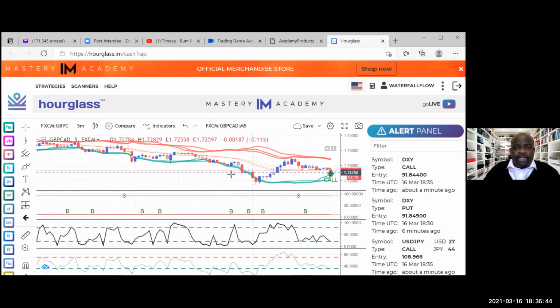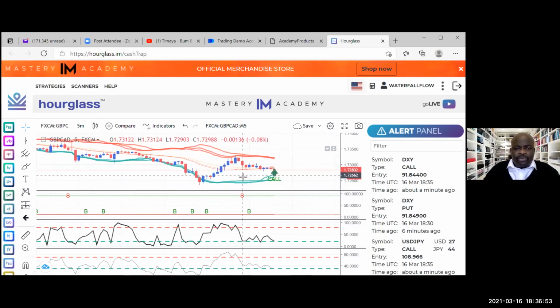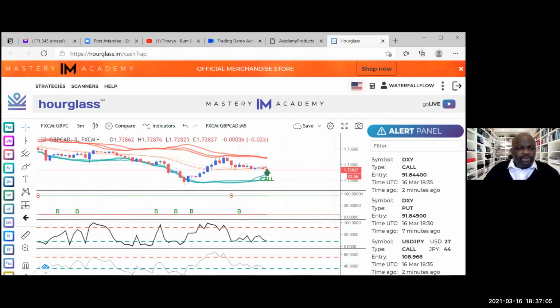So if that is clear, you know how to get into a cash trap and you know how to find your trades. So that's what you look for. Just be patient. So if we look at the opposite of sell, which is buy, let me look at something similar to the explanation I just made. So let's say we want to buy. So this is a trade.